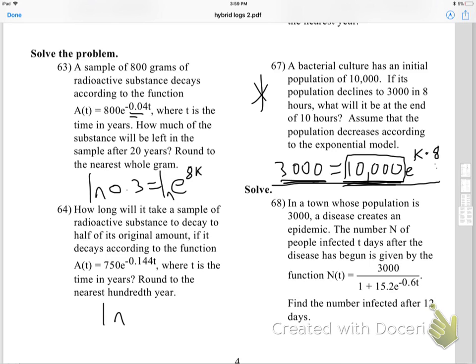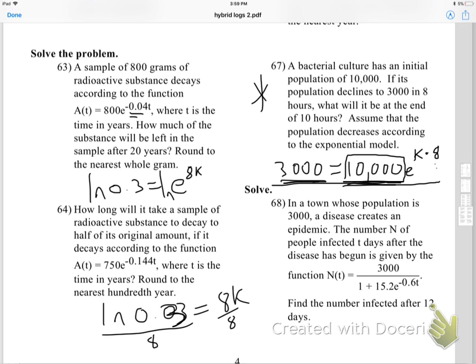So the ln of 0.3 is just going to be 8k. If I divide both sides by 8, I'll put that in my calculator. Don't forget, I've got to do the log of 0.3, sorry folks, that's 0.3, not 0.03.